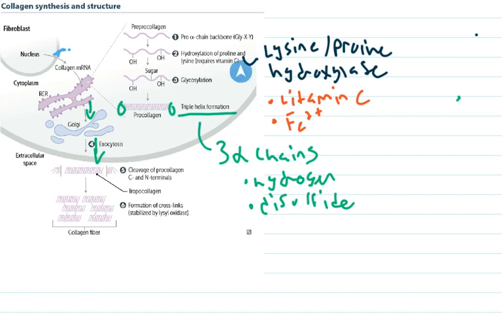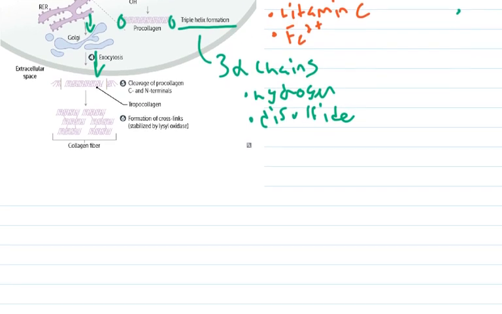So now that we've excised our procollagen out of the cell, we no longer have a need for these end pieces, which were the hydrogen disulfide bonding. The reason we had to form those was to create the procollagen molecule that would stay together during export. So now that it's outside of the cell and in the extracellular matrix, we have no need for it.